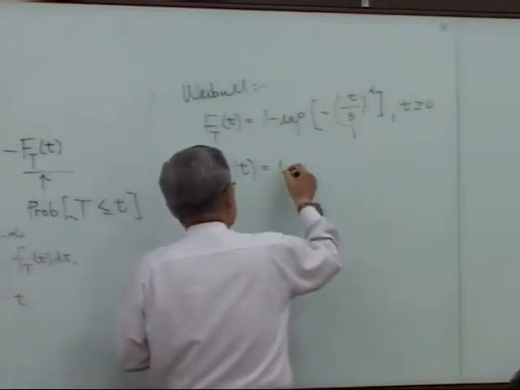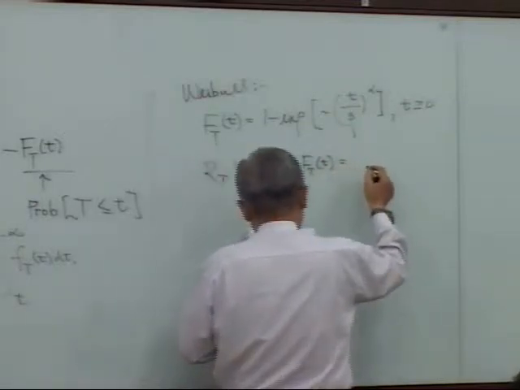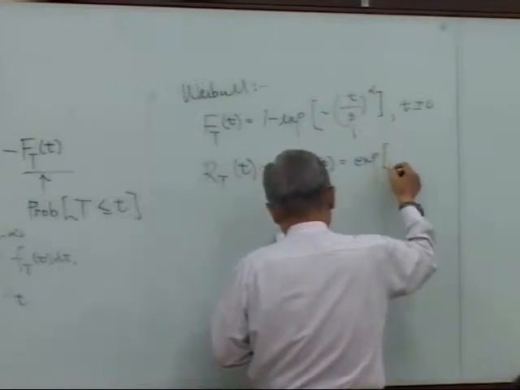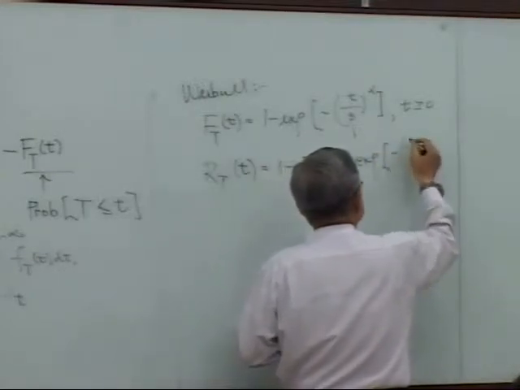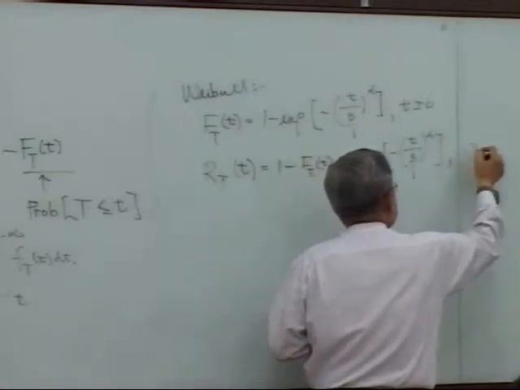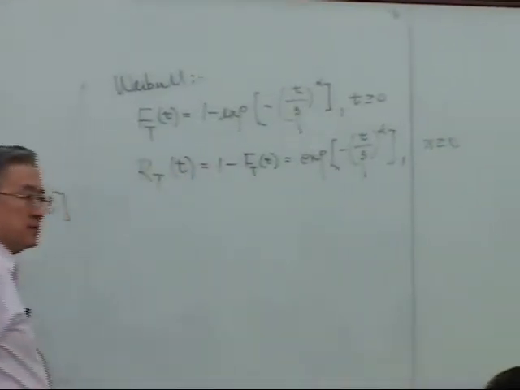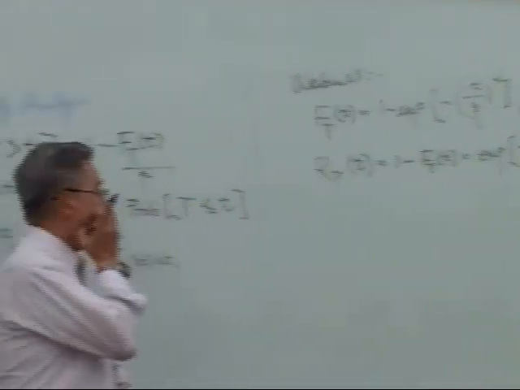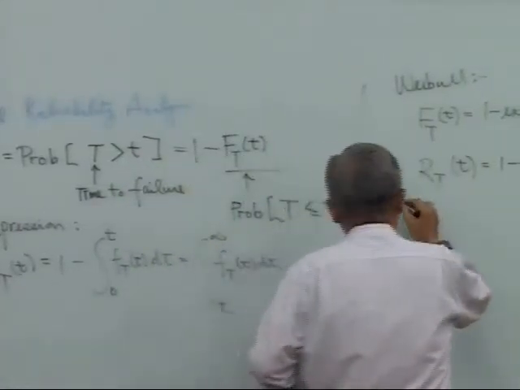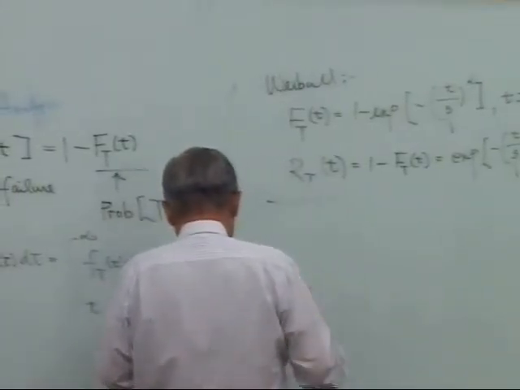Which is 1 minus F(t), equal to EXP of minus (t over beta) to the alpha, where t is larger than or equal to 0. Survival. And the next one is exponential.